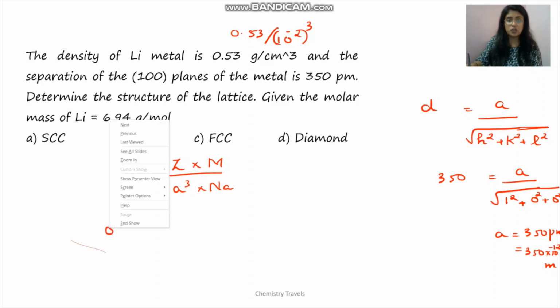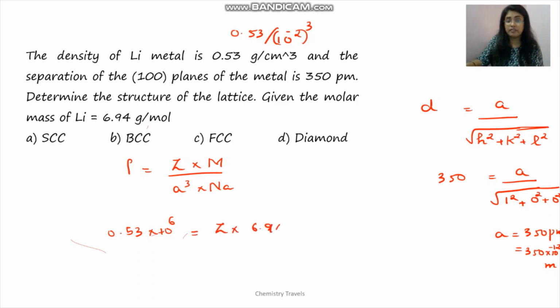So I substitute: 0.53 into 10 raised to minus 6, I bring it up, so this becomes 10 raised to 6. That becomes equal to Z into the molar mass, given to be 6.94, divided by A cube.